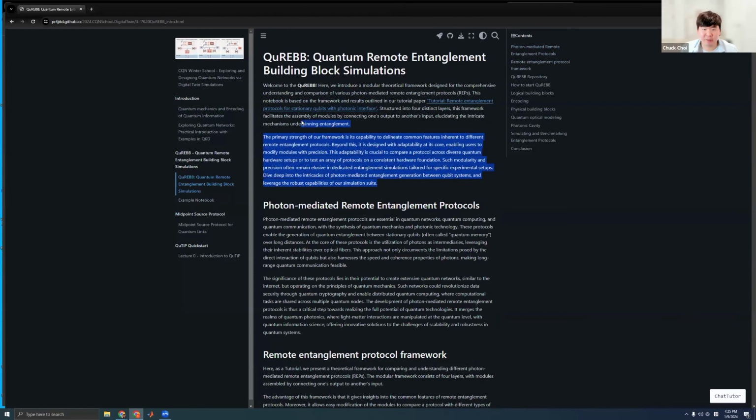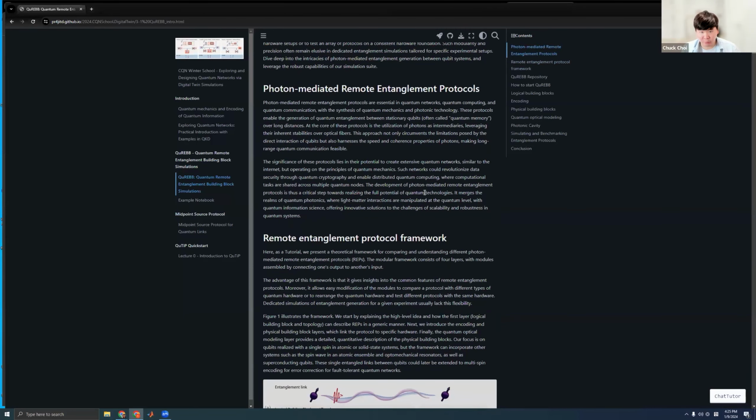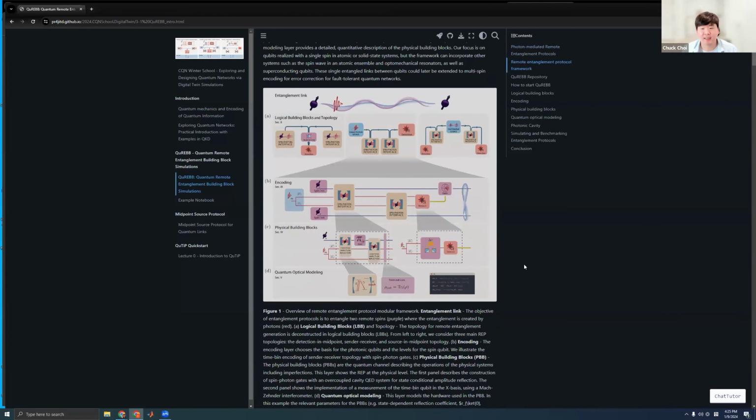I gave a brief overview of our framework. Then I want to explain what the photon-mediated remote entanglement protocol is. As I said, as far as we know, the best way of transmitting quantum information is a photon. If you have spins, it's great that we have a long-time quantum memory, but they decohere or relax, so we cannot maintain the quantum information over a long distance.